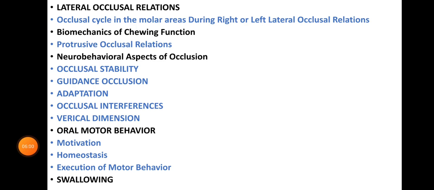The neurobehavioral aspects of occlusion relate to function and parafunction of the stomatognathic system. Function includes a variety of actions or human behavior such as chewing, sucking, swallowing, speech, and respiration.